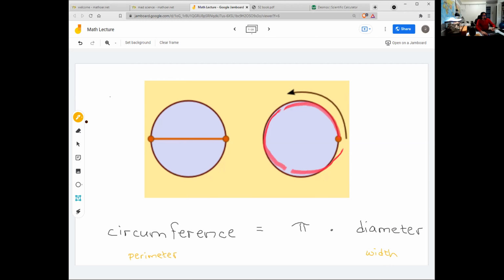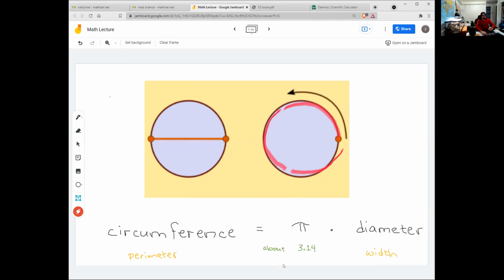So pi is about 3.14. You can memorize more digits if you want to show off. But the point of it is that if I was to take a string this long, it would take a little more than 3 copies of that string to go all the way around. And for most of human history, this was all we cared about for pi.